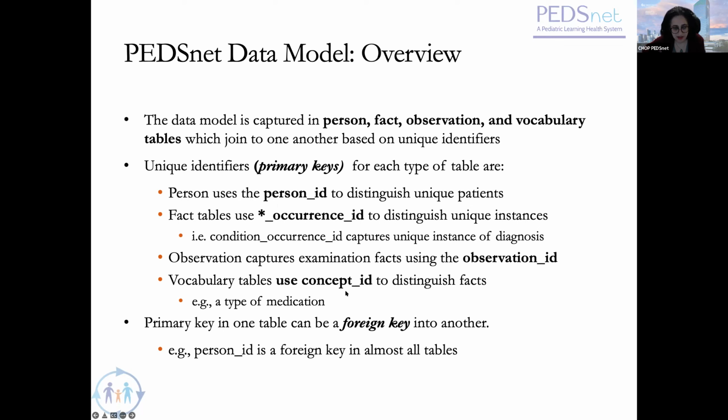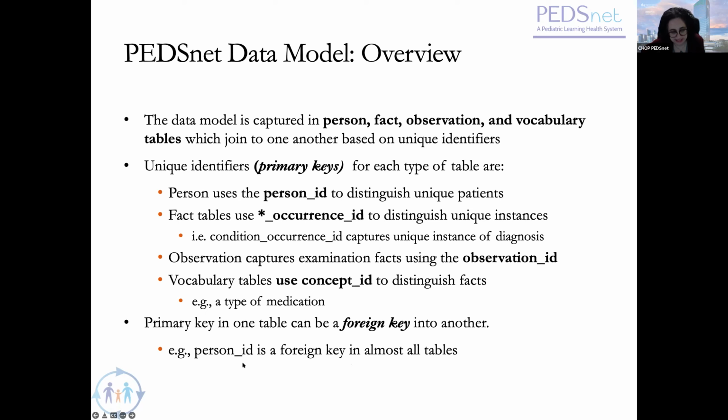Then, as we said, the concepts are captured through the concept ID. For example, drug concept ID is an RxNorm code to represent a particular type of drug. And then a primary key in one table can be a foreign key in another.